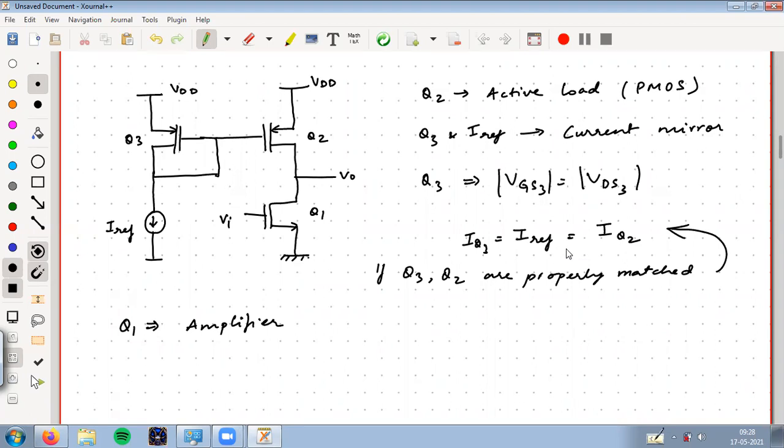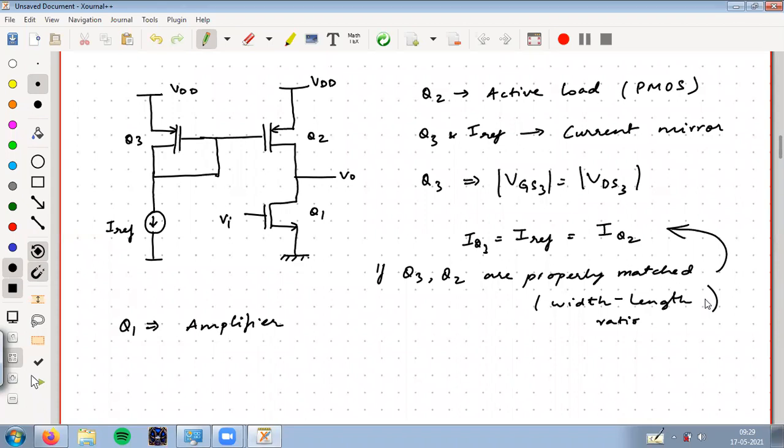And if your Q2 and Q3 are properly matched, in the sense that the width-length ratios are the same, then whatever current is flowing through Q3 will be the same current flowing through Q2 and Q1.